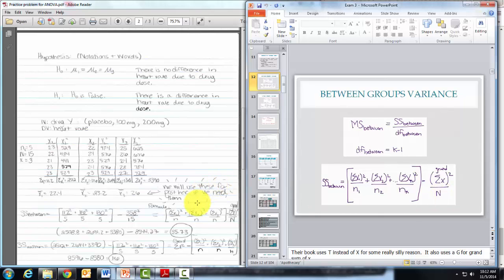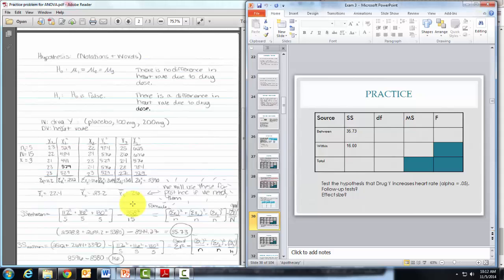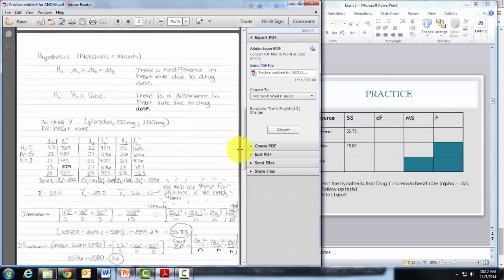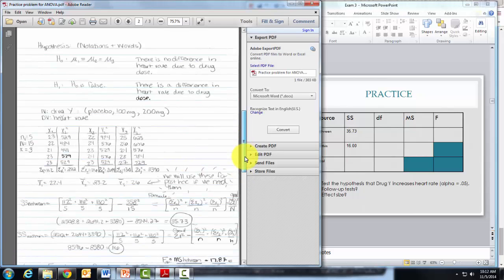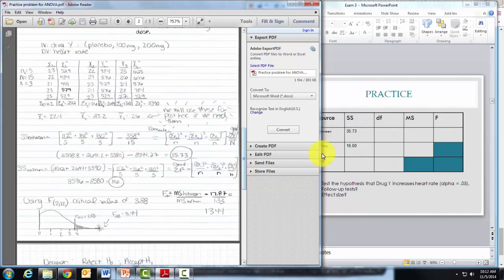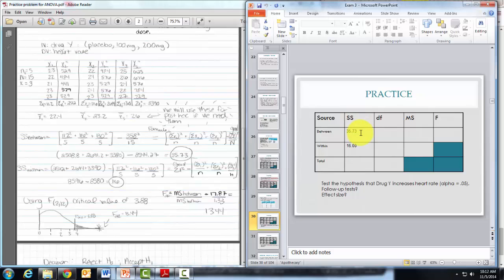So how does that translate to what we're working on? Let's go over to my worksheet here. I'm going to start with the very top part, the sums of squares between, and to calculate that I'm going to plug my numbers into my formula. Here's my formula stated again.